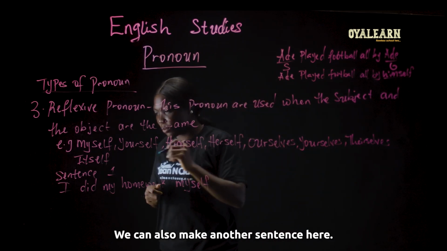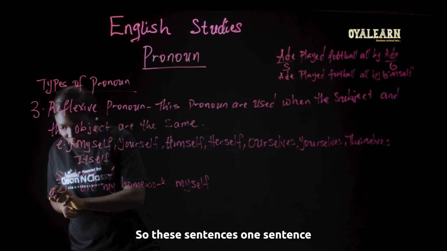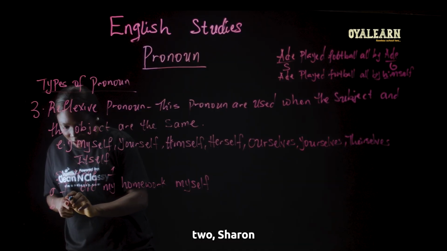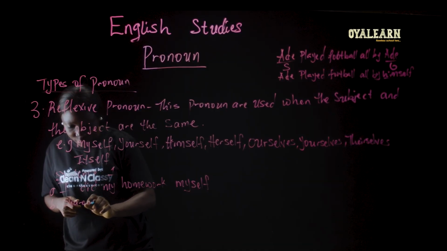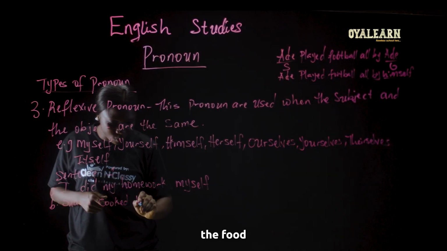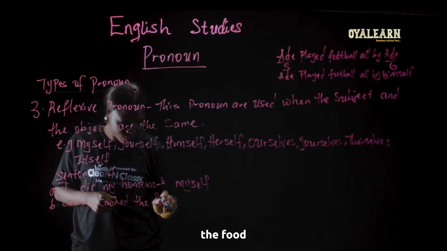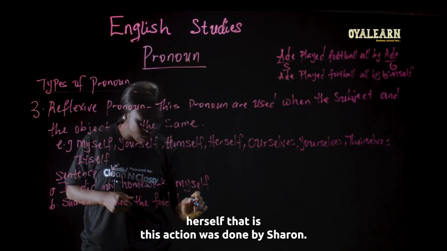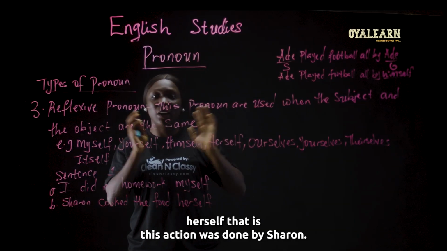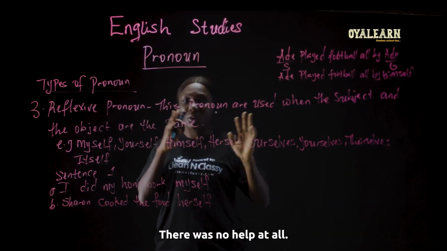We can also make another sentence here. Sentence two: Sharon cooked the food herself. That is, this action was done by Sharon. There was no help at all.